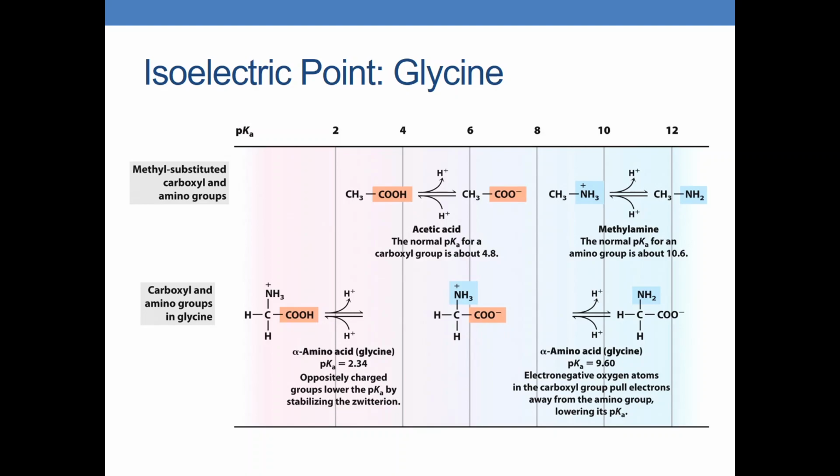So you have a minor depression from 10.6 to 9.6 for that alpha amino group in glycine. This effect is due largely to the electron withdrawal by the electronegative oxygen atoms in your carboxyl groups, which increases the tendency of the amino group to give up a proton. Hence, the alpha amino group has a pKa that is lower than that of the aliphatic amine, methylamine.